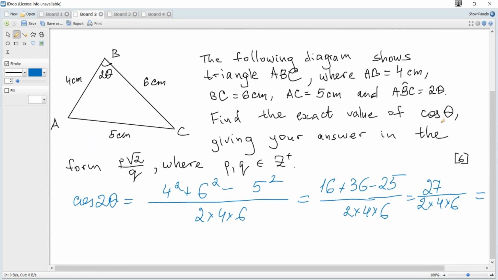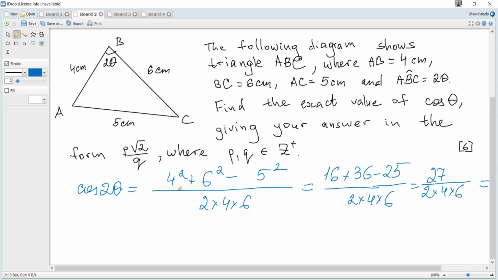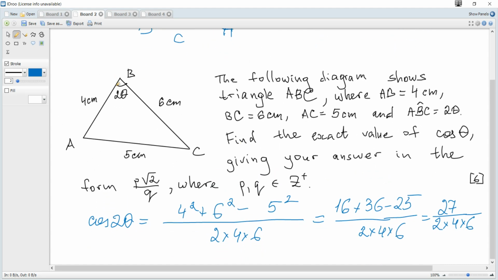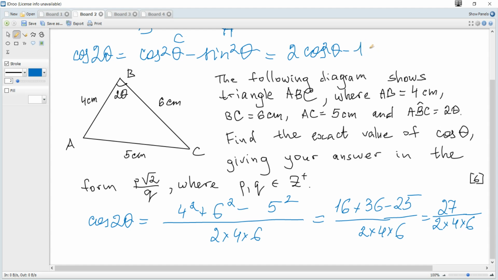Then we need cosine of theta, but theta and 2 theta are what? 2 theta is just a double angle, and we know a double angle formula. It is also given in the data booklet, and it says that cosine of 2 theta is equal to cosine squared of theta minus sine squared of theta, which is equal to 2 times cosine squared minus 1, and it is equal to 1 minus 2 times sine squared of theta.